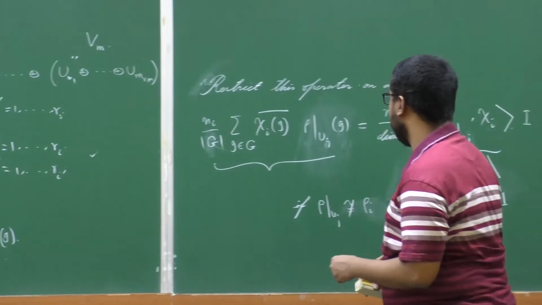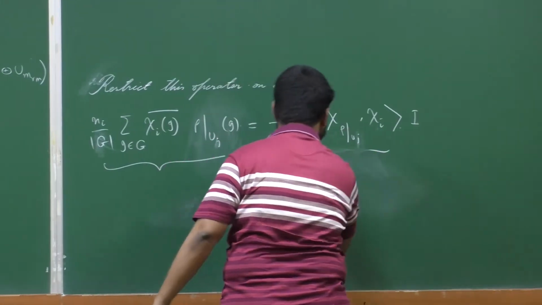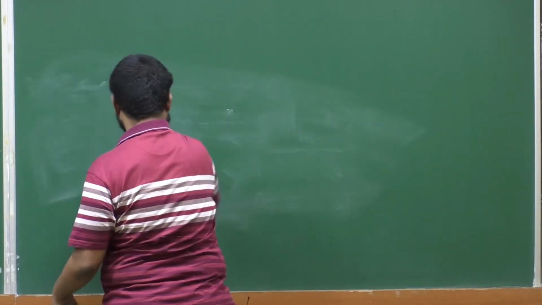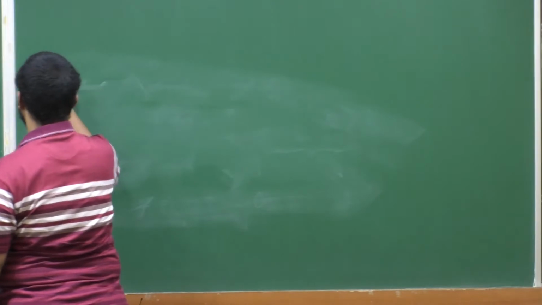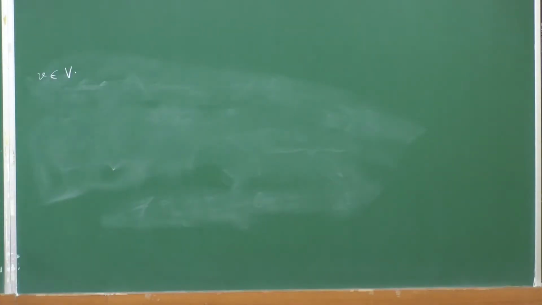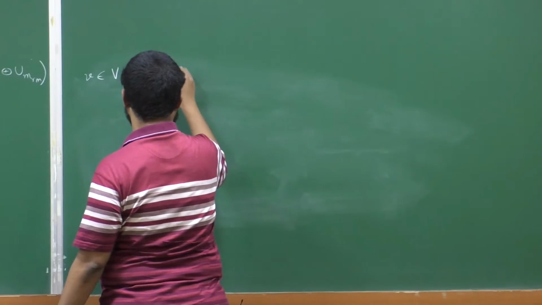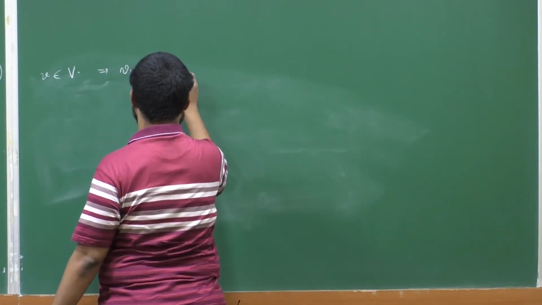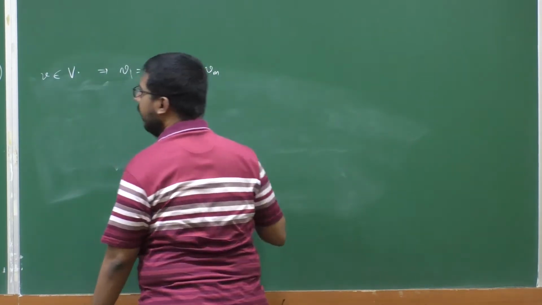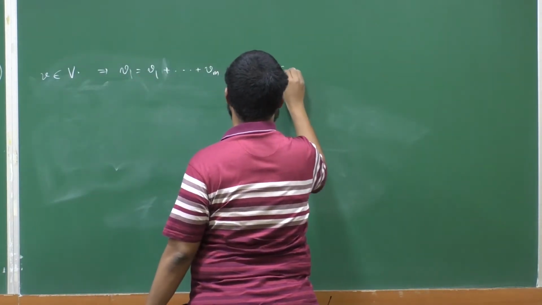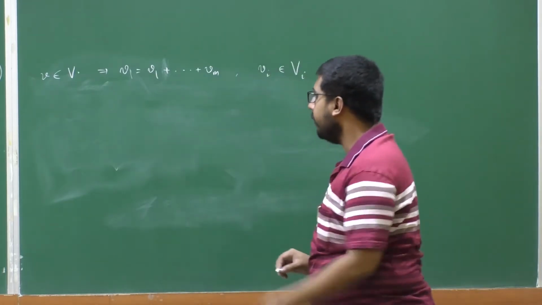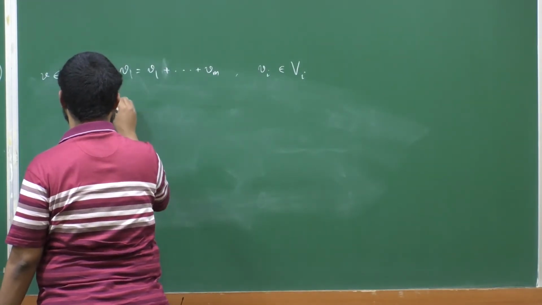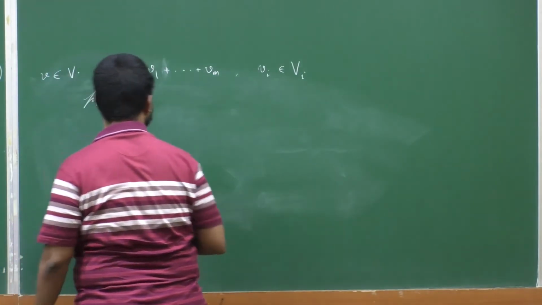So thus what have we obtained? Let me put down everything together. What we obtain here is very simple. If we let v belong to V, since we have this direct sum decomposition, v can be written as small v1 up to small vm, where each vi belongs to capital Vi, right? And in this case we apply Pi upon v, okay.